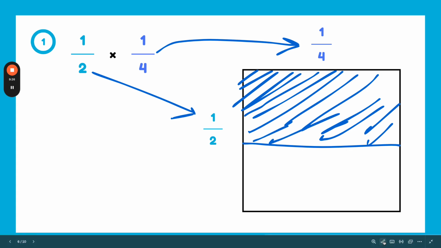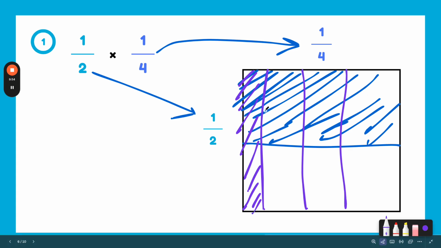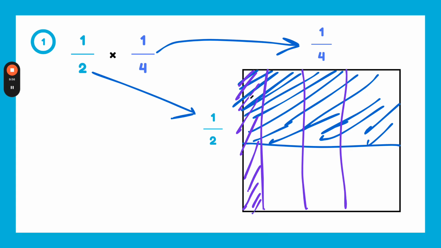And then we represent our second fraction, which is a quarter. So we split our square into 4 pieces. So that's 1, 2, 3, 4. And then we shade one of those pieces to show a quarter, or 1 over 4. So we've shaded a half and we've shaded a quarter.